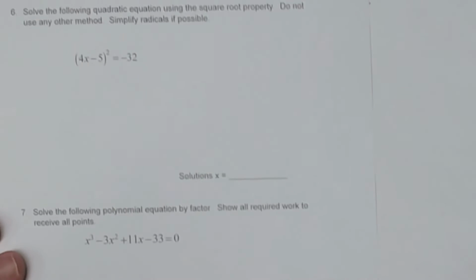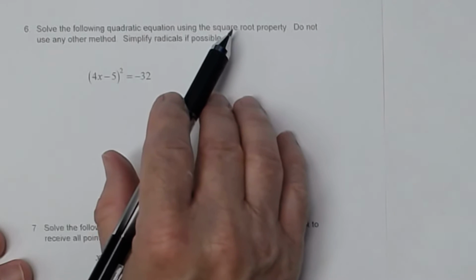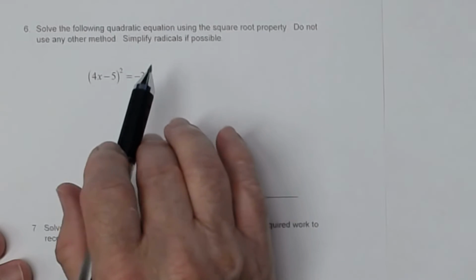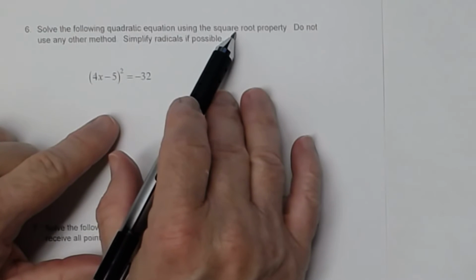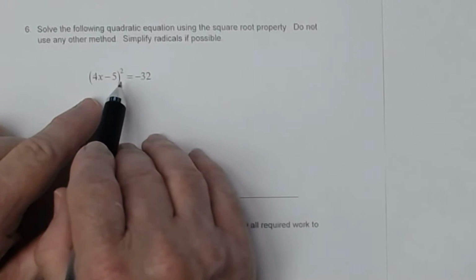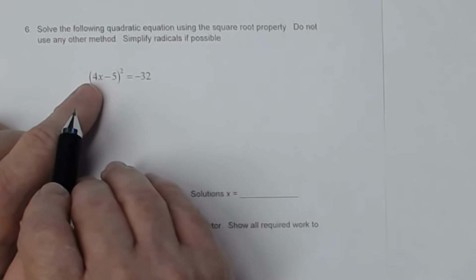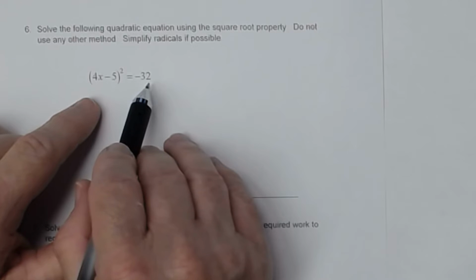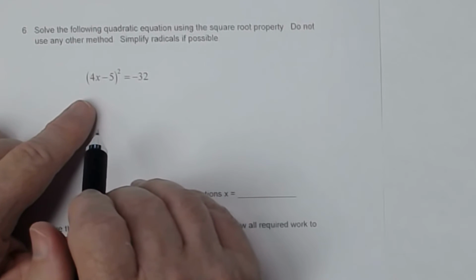So number 6, I want to solve this quadratic equation, but I'm asking you to solve this using the square root property. Now, you have to recognize that the square root property is so easy to use whenever you have an expression that's being squared. And on the other side, you have a real number, like negative 32 is a real number.